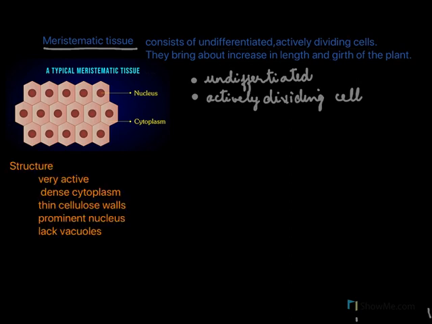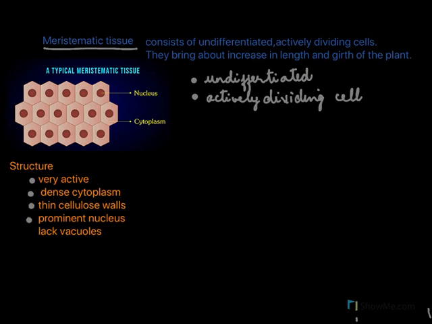We'll go ahead and learn the structure of meristematic cells. First characteristic is they are very active. They keep dividing. That's the main function of meristematic tissue, to keep dividing and increase the number of cells. And because they keep dividing, their cytoplasm is very dense and the cell wall is thin.